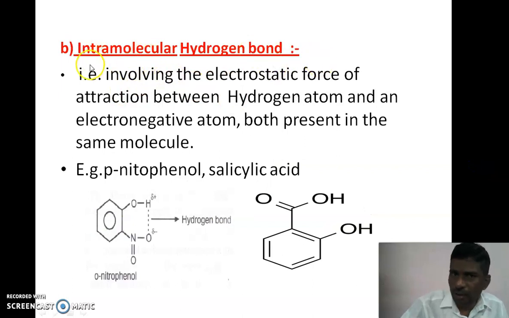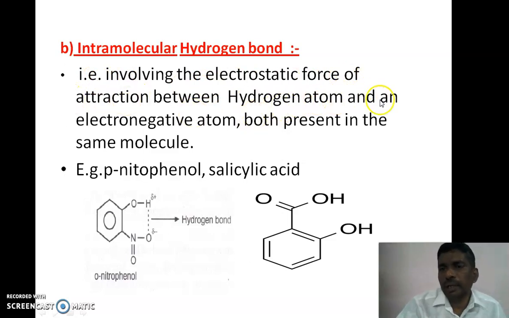Intramolecular hydrogen bond. This bond is formed by the electrostatic force of attraction between a hydrogen atom and an electronegative atom, both present in the same molecule. For example, O-nitrophenol. Here is the phenol molecule and the nitro group is attached at this position.